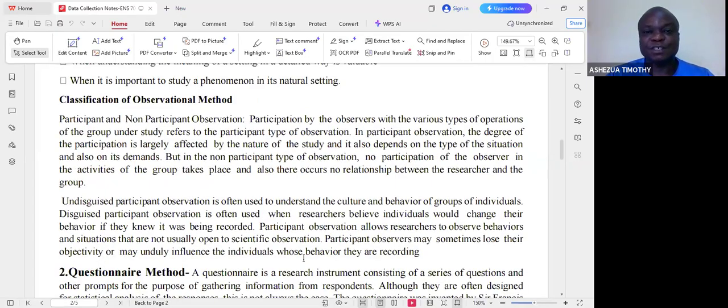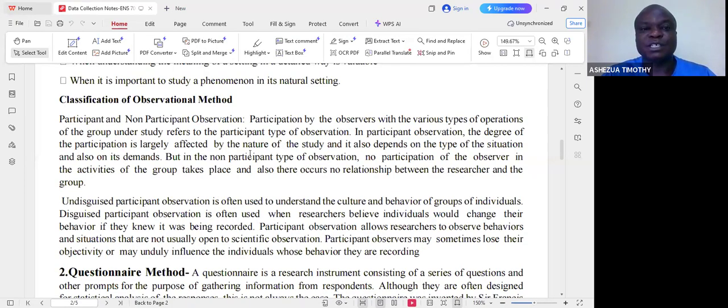For the classification, there are basically two types: participant and non-participant observation. Participation by the observers with the various types of operations of the group under study refers to the participant type of observation.